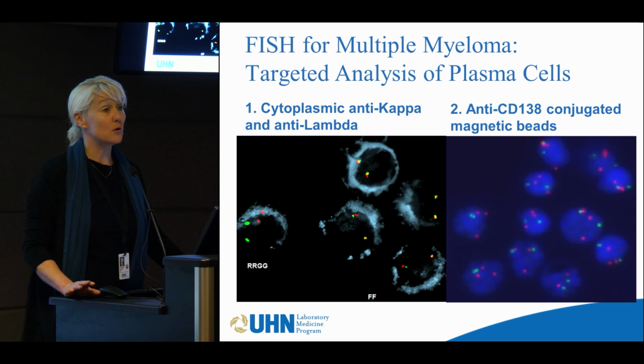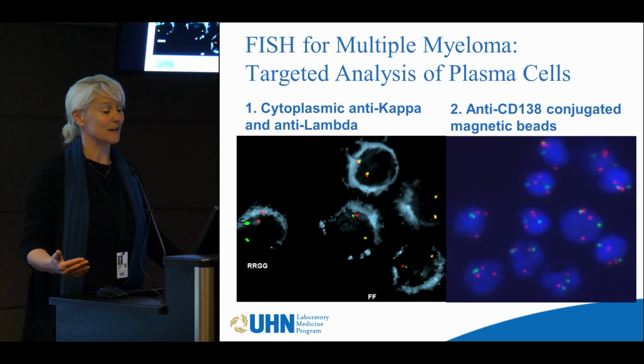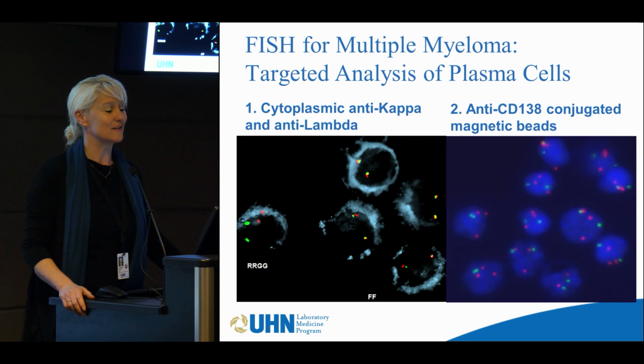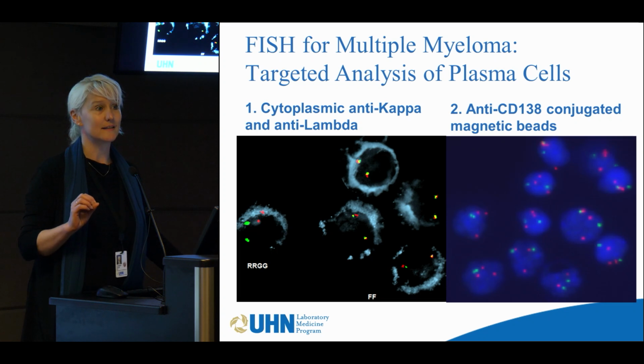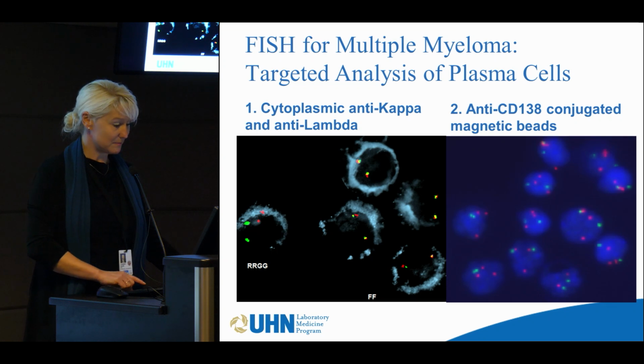Or we can actually pull those cells out of the bone marrow, and this is using a cell surface receptor that's found on the plasma cell called CD138. And it's a very clever and simple technique to label these cells with a magnetic bead and use magnetism in order to pull those cells out of the bone marrow sample.